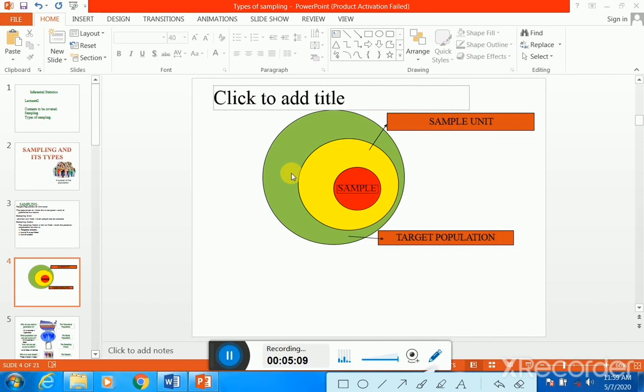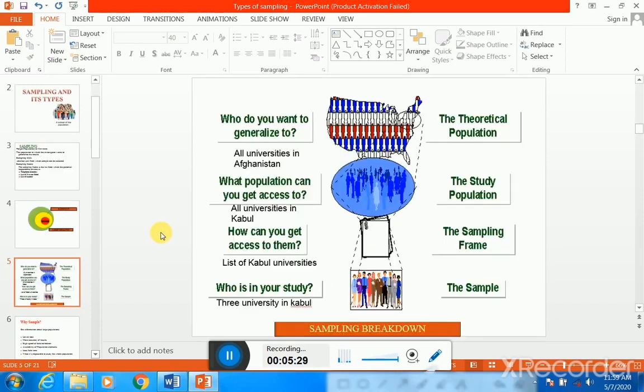The green area is your target population. Selected from the target population is your sample unit. And then the sample units selected from it are simply known as your sample. The example sir may further explain in the next slide, which will make your idea more clear.